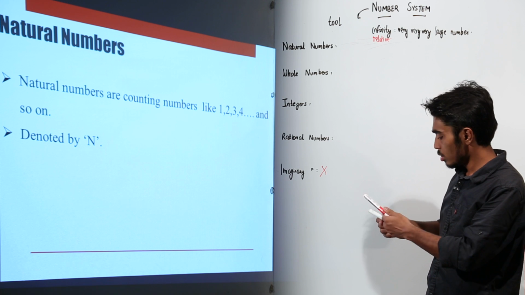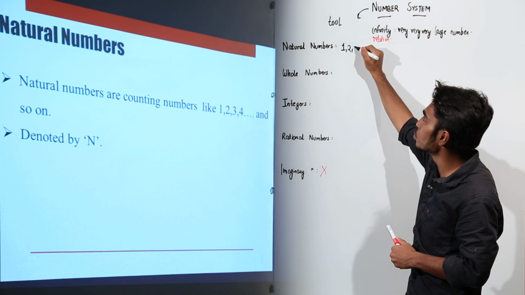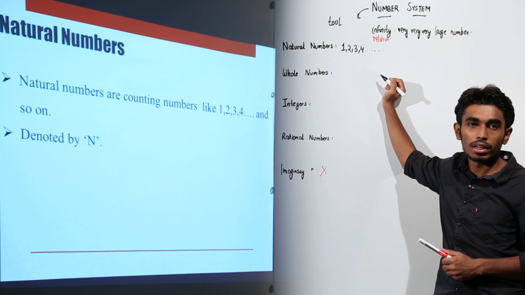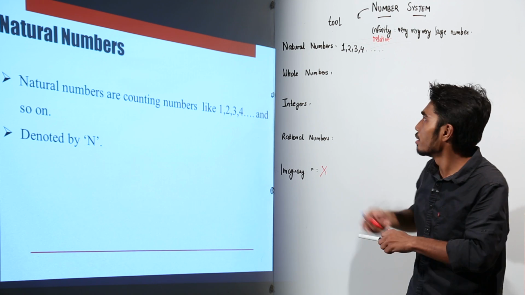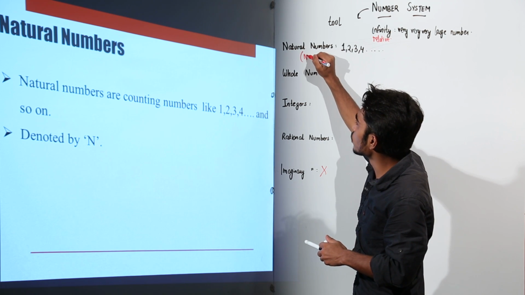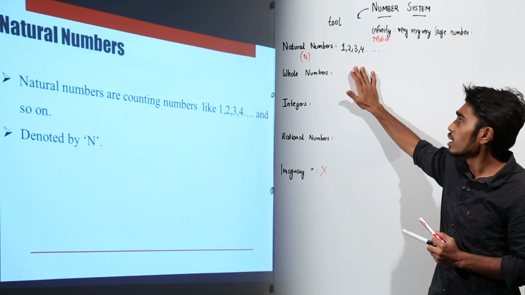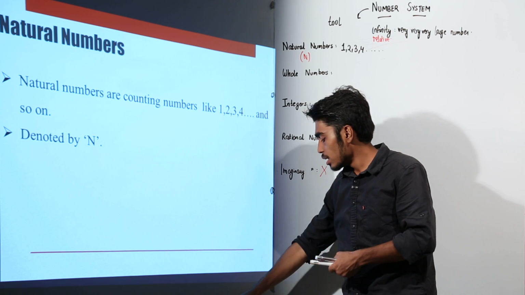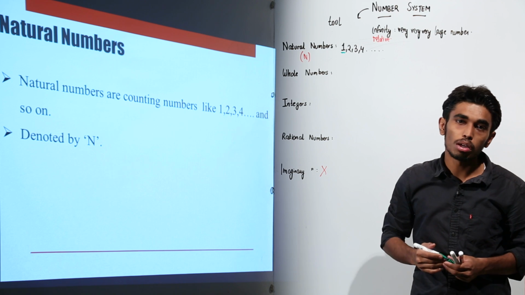So let me write here, natural numbers are numbers which start from 1, 2, 3, 4 and they go up to infinity, right? And the natural number set is denoted by N. N stands for natural number, right? Here you can see which is the smallest natural number. You can clearly say that 1 is the smallest natural number, right?